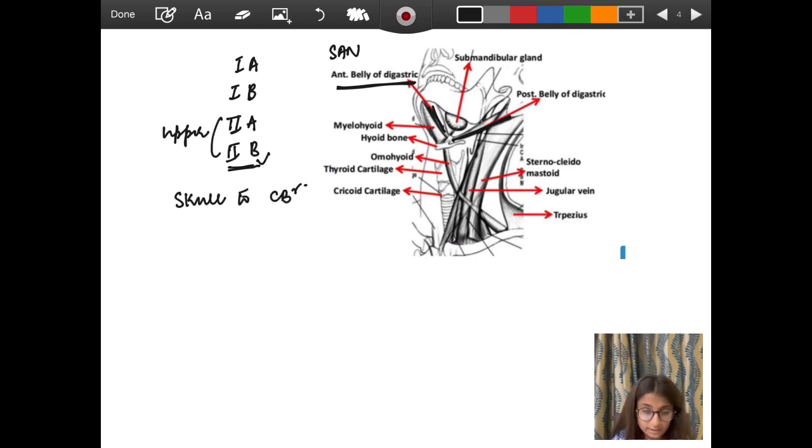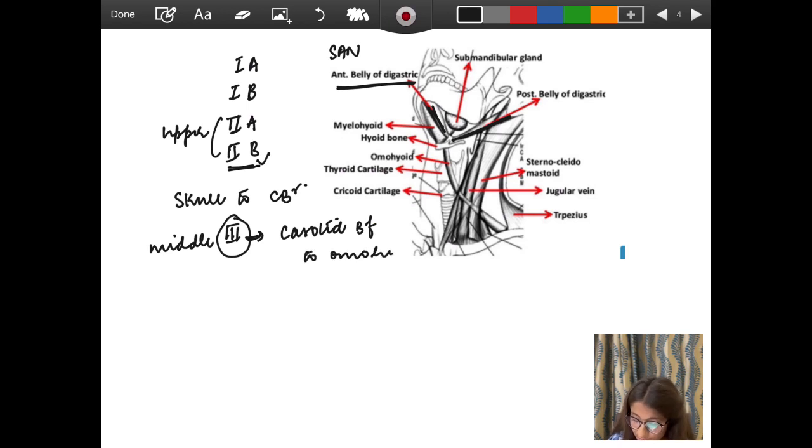Coming to level 3, it is the middle jugular group of lymph nodes, present from the carotid bifurcation to the omohyoid muscle.